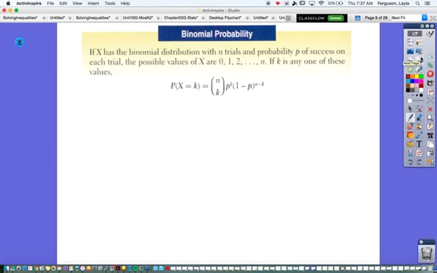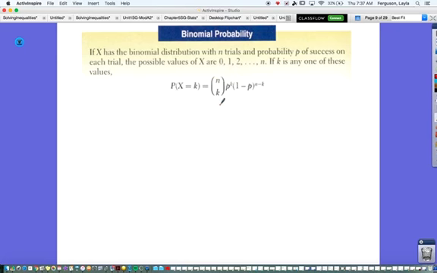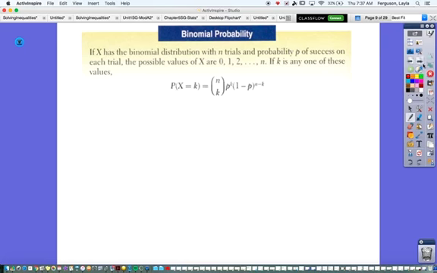That looks like an awful mess. But remember that your n is your total number of trials, that your k is the trials that you're specifically looking at, and then your p is the probability that k happens.